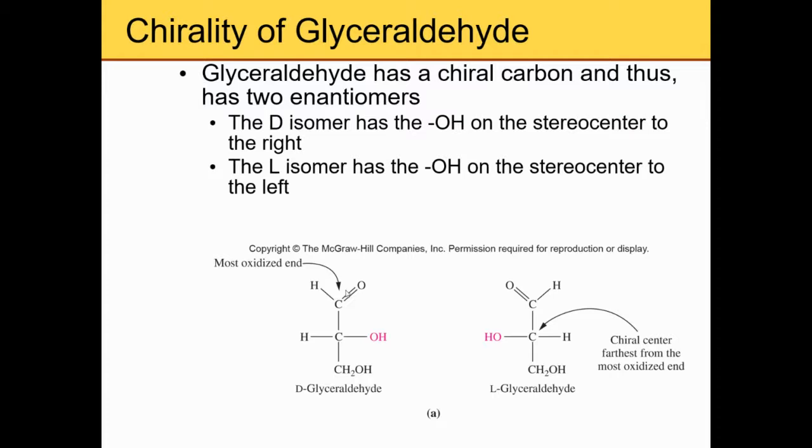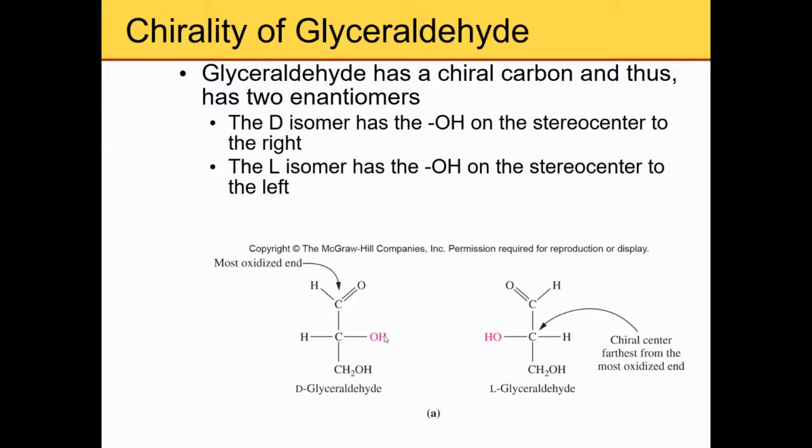You always have to put the most oxidized carbon on the top. As you can see here, this carbon is the most oxidized carbon, so put it on the top, we have CHO. Then look at the chiral center farthest from the most oxidized end. This one is the furthest.